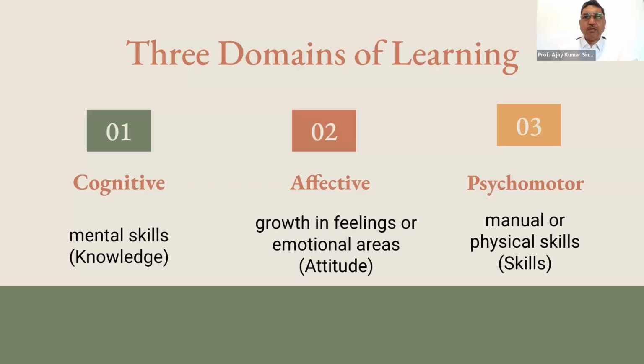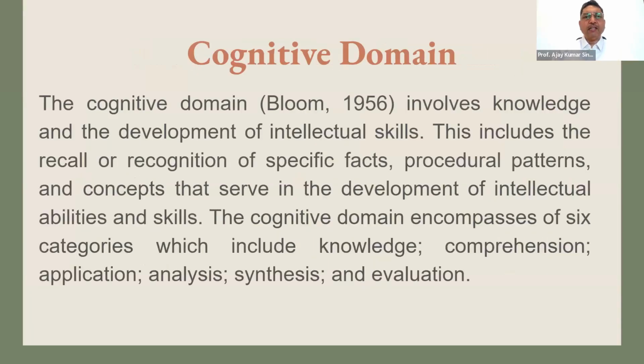But at least out of the four pillars of learning, which UNESCO framed a report on in 1996, these are also in line with that. So the cognitive domain, if we start with that, as per Bloom 1956, involves knowledge and the development of intellectual skills.